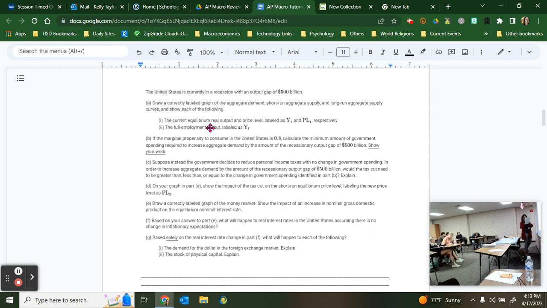So on F, remember we have real interest rate equals nominal interest rate minus expected inflation. In the previous question, we shifted money demand to the right, and that increased nominal interest rates. So nominal interest rates are going up.